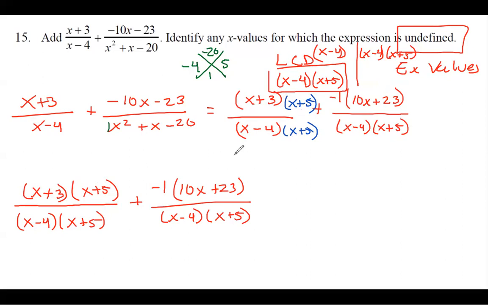Now, from here, we're going to simplify our numerator. I always tell you to just combine like terms, but since there are many terms, I am going to FOIL out. So x times x is x squared.